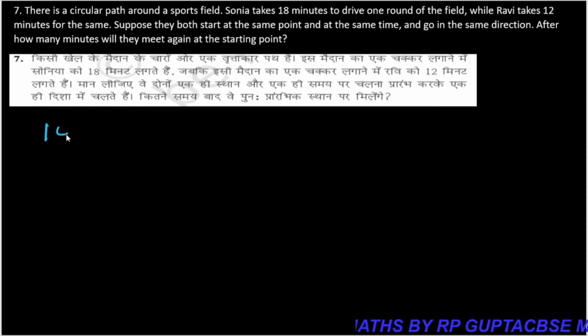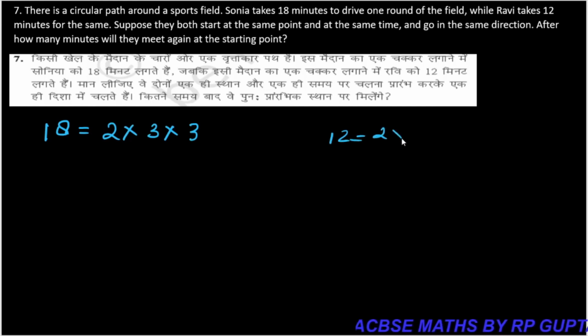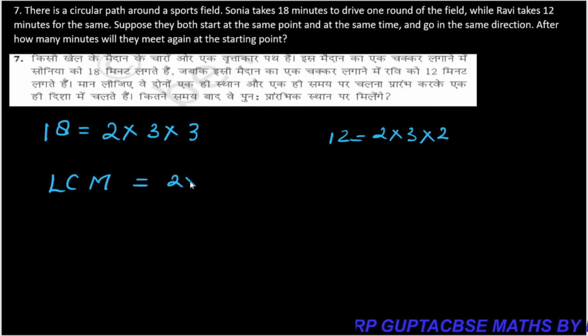18 can be written as 2 into 3 into 3. 2 3s are 6, 6 3s are 18. And 12 can be written as 2 into 2 into 3. 2 3s are 6, 6 2s are 12. So now find the LCM of these numbers. The LCM will be 2 into 3 into 3, taking all the numbers.